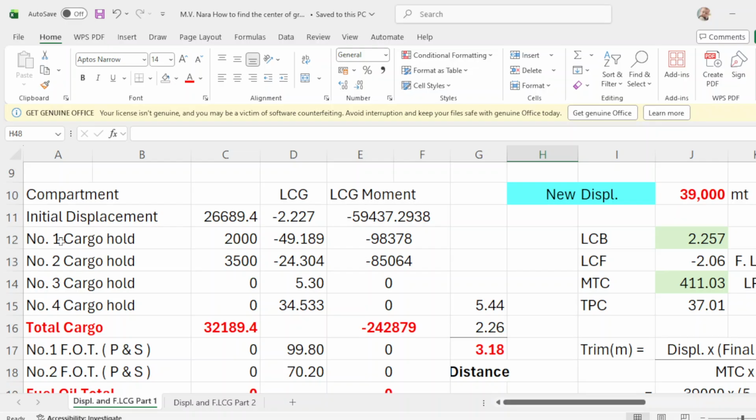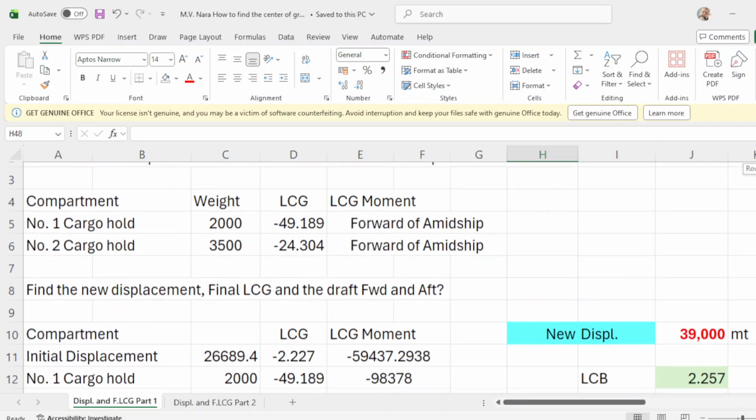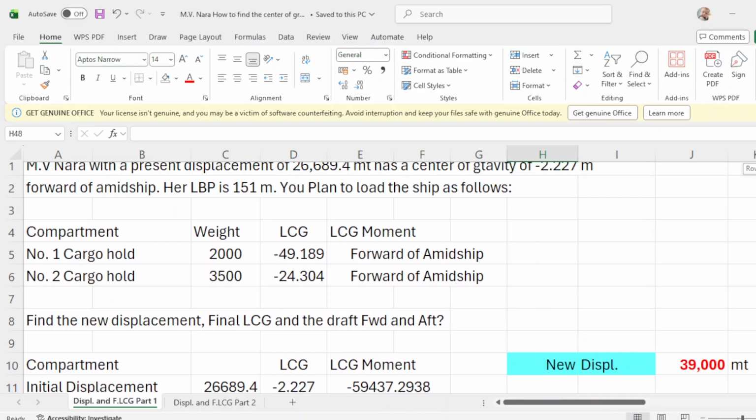Now your initial displacement is 26,689.4, and your LCG is negative 2.227.